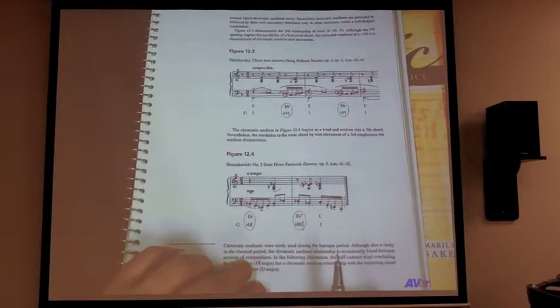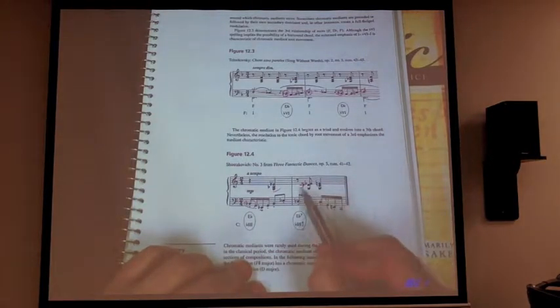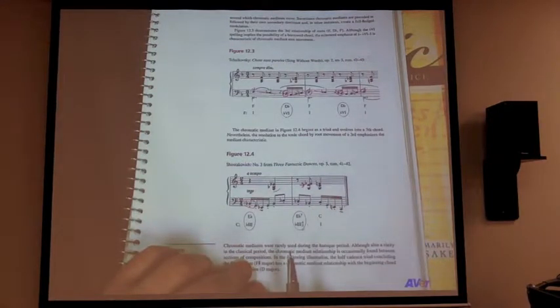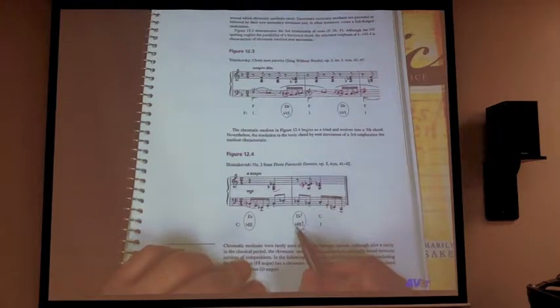Okay? And then, of course, it moves down to the C. So that's our 3rd relationship. Cool? And here you can see it's not only a 7th chord, it's also an inversion of a 7th chord. So there you go.